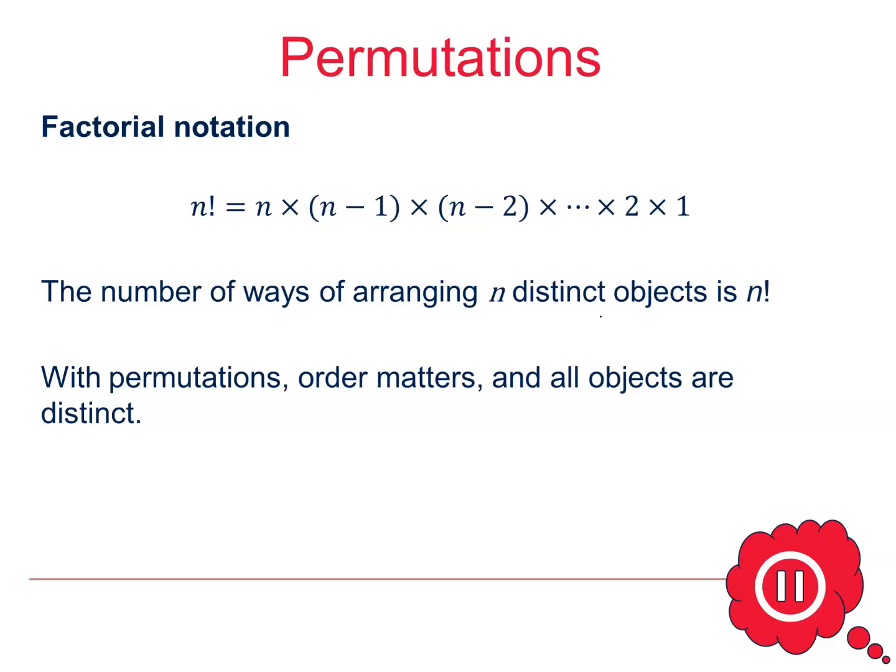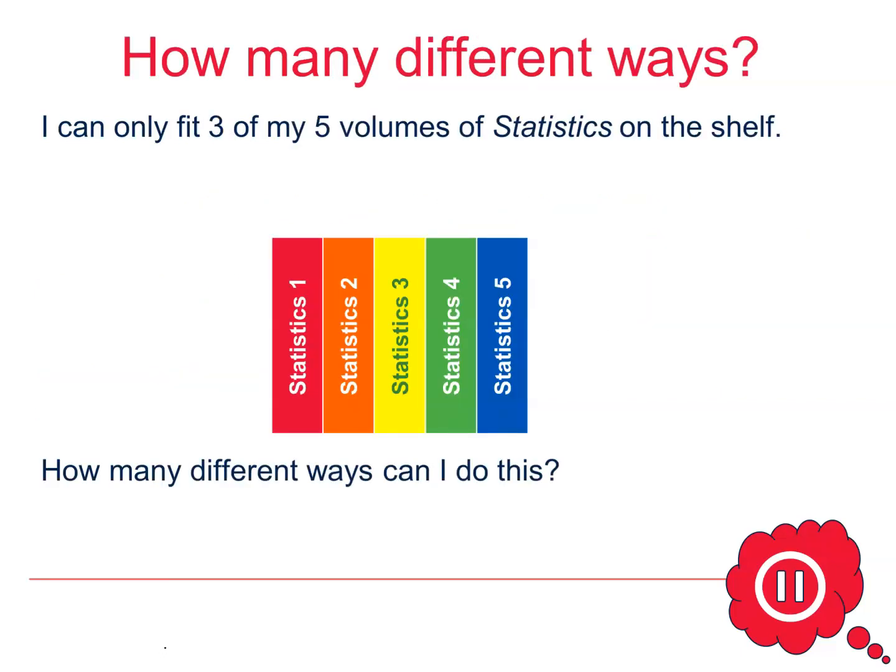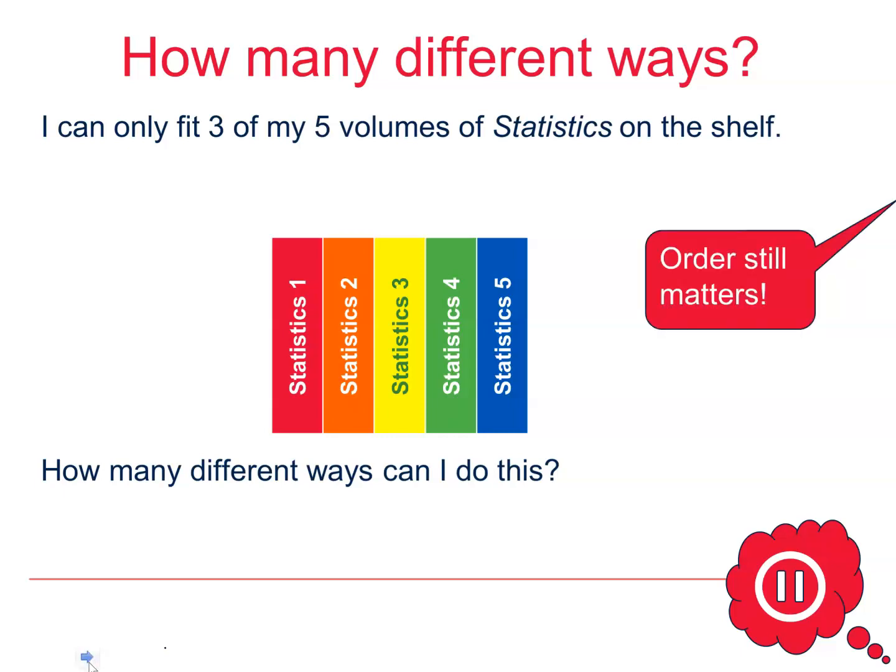If you're not already familiar with this, you may want to pause the video to make some notes. Okay, I have too many books. I can't fit them all on my shelf. How many different ways can I choose 3 of them to go on the shelf? Note that order still matters here.